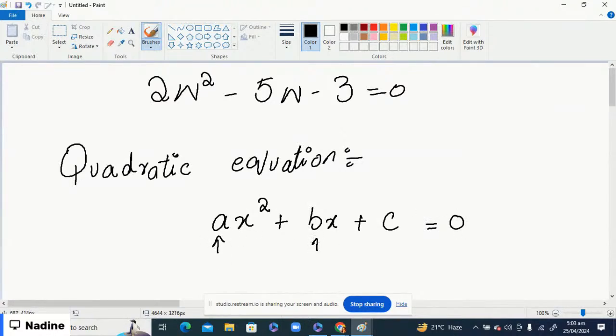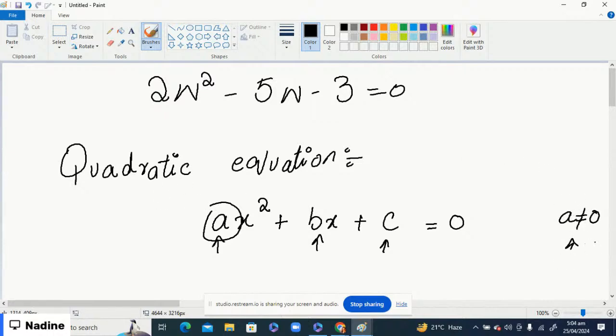This a, b, and c are known numbers, like 2, 3, 4 and so on, and x is unknown. And remember one thing, a should never be 0.